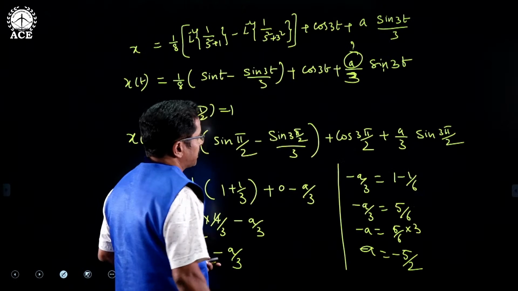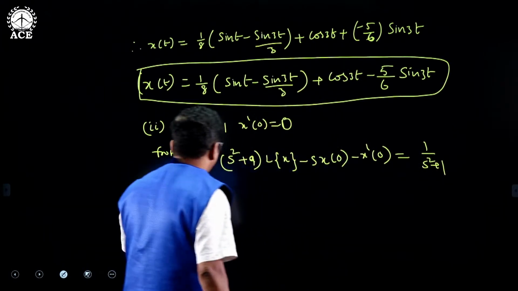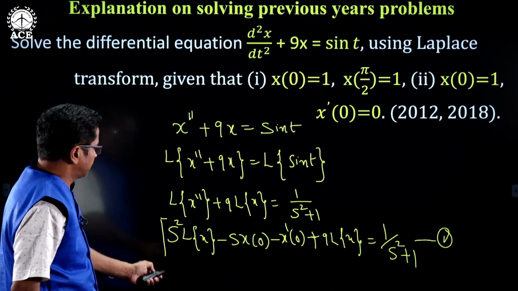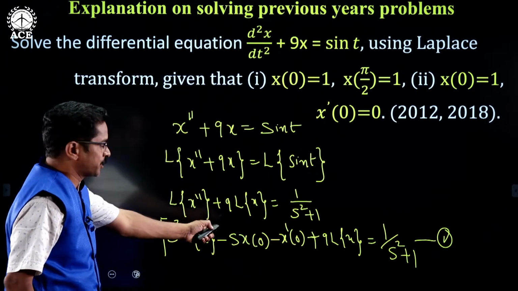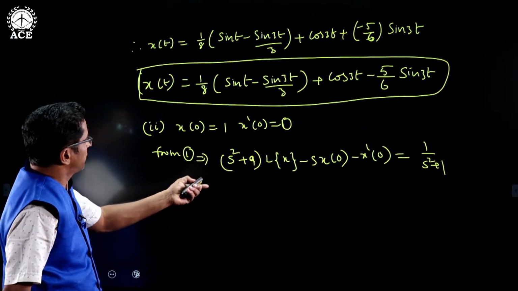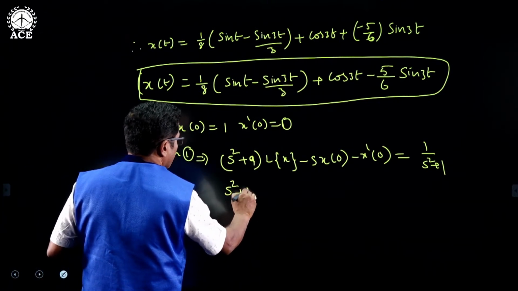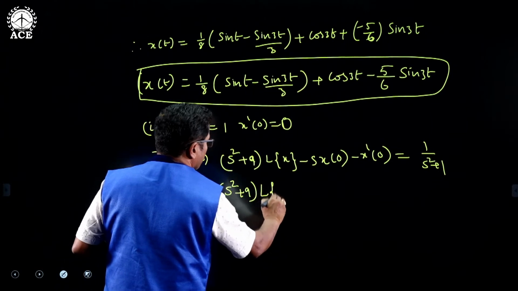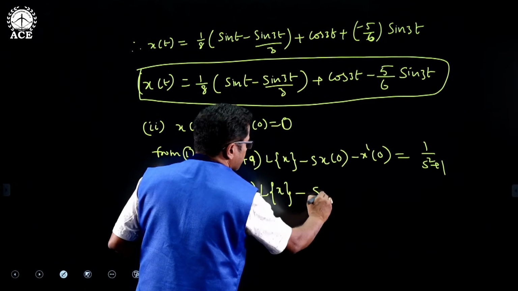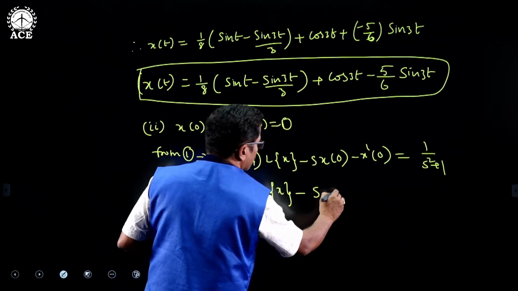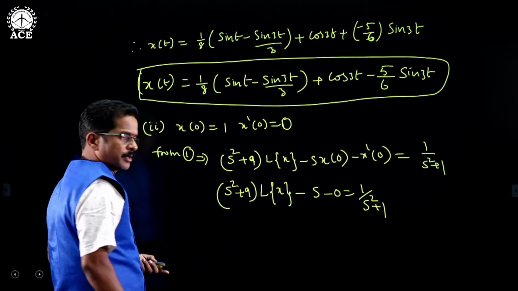1 by s square plus 1. This I wrote from equation 1. S square plus 9 into L of x minus s into x of 0 minus x dash of 0. So in this I am going to substitute: s square plus 9 into L of x, minus s into 1, which is s, x dash of 0 is 0, equals 1 by s square plus 1. Okay.